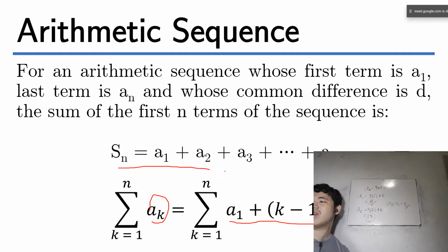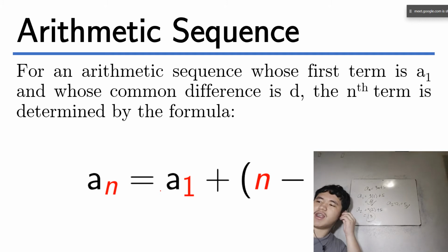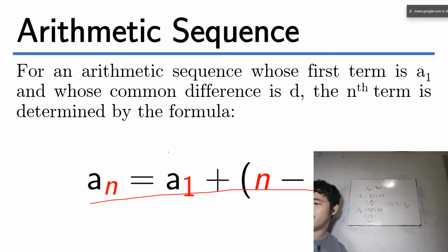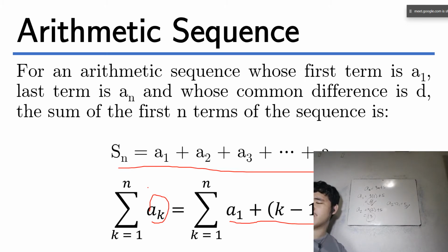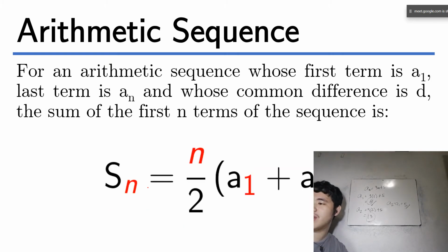Kung meron kang arithmetic sequence, tapos kukunin mo yung sum, kunin mo lang yung explicit definition, gamitin mo na yung formula, explicit definition na kasi yun eh. Ipapasok nyo lang to sa summation notation. Yun na yung sum of n terms in terms of summation. That's it. Simple as that.